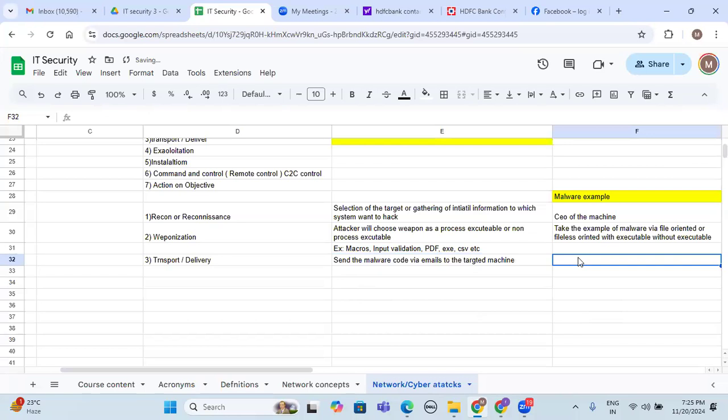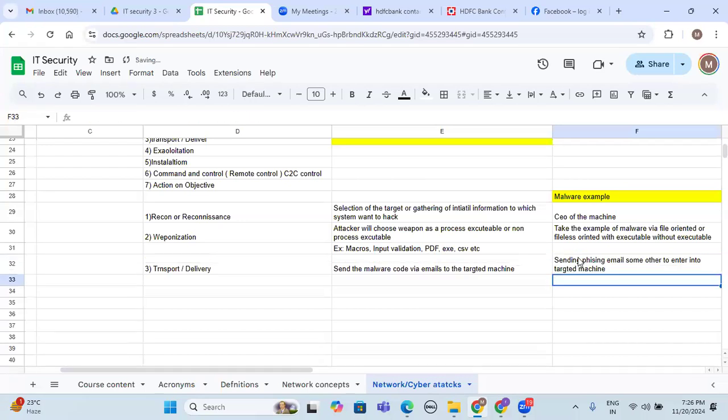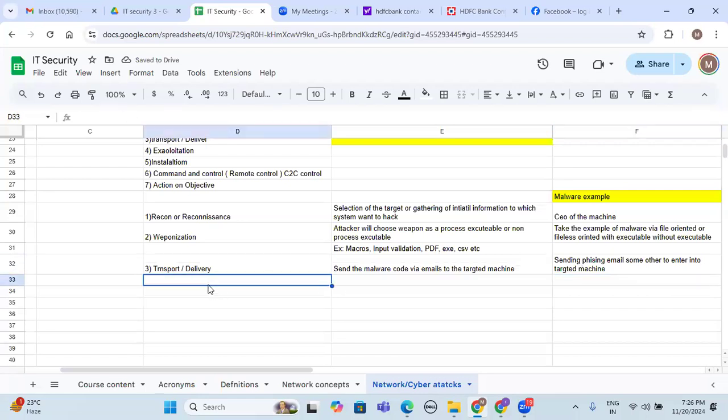Send a phishing email or some other option to enter into the targeted machine. That is called transport or delivery.